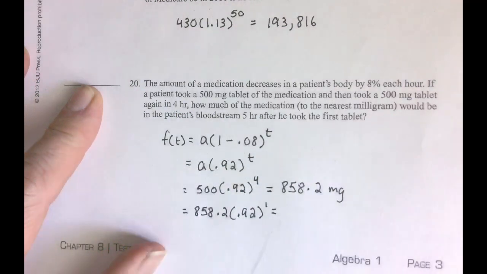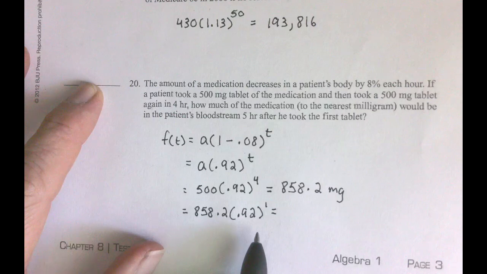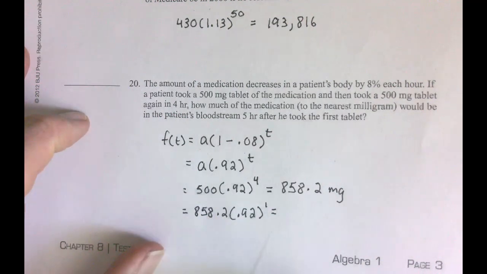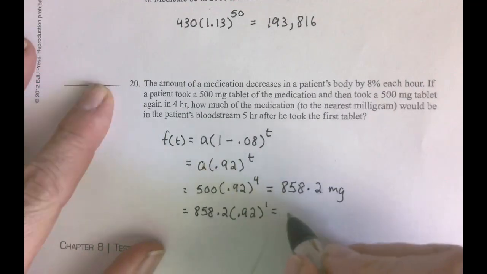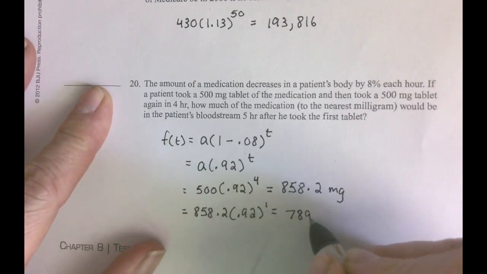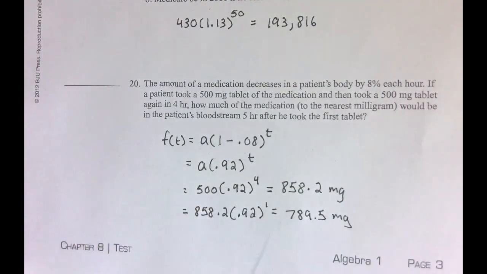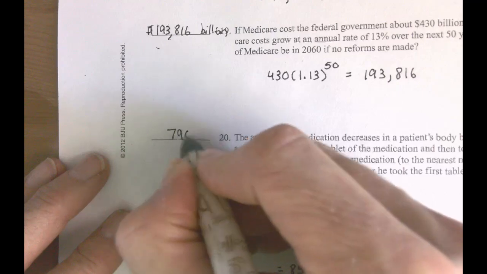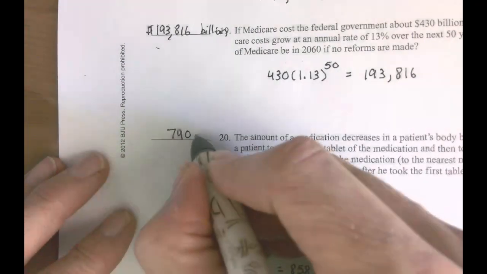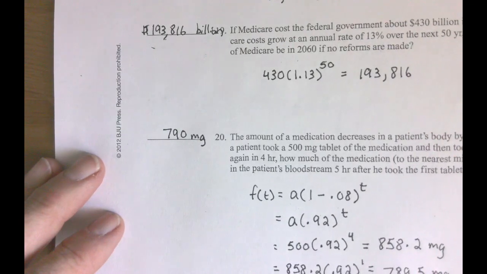And so you simplify that, 0.92 to the 1 is just 0.92, and then you multiply that by 858.2, and what you're going to end up with is about 789.5 milligrams, which we could probably round up to 790 milligrams. And that is page 3 of the test.